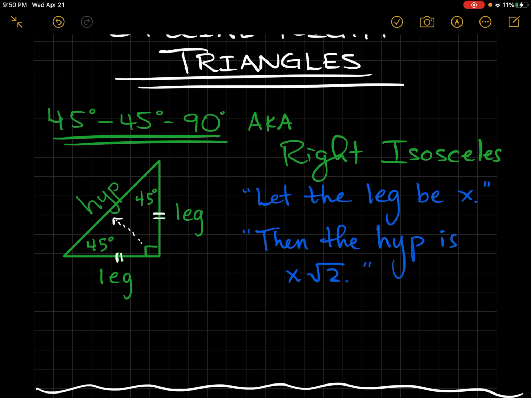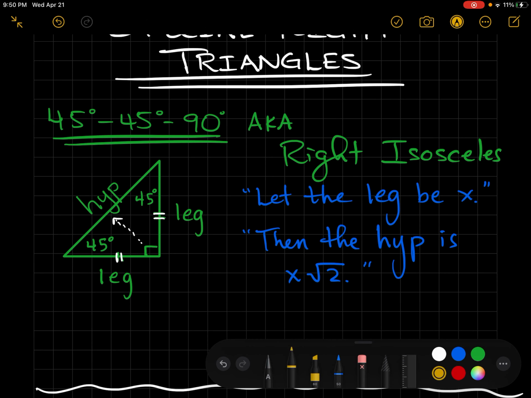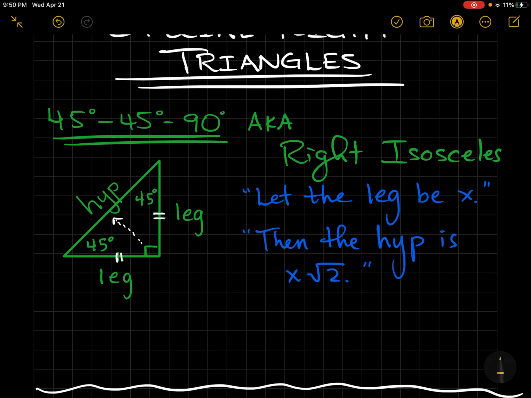Okay, so the first thing I want you to understand is that these special right triangles have a special relationship between the legs. They're equal, and if you know the leg, then the hypotenuse is x radical 2. So all we do is multiply the value of the leg times radical 2.